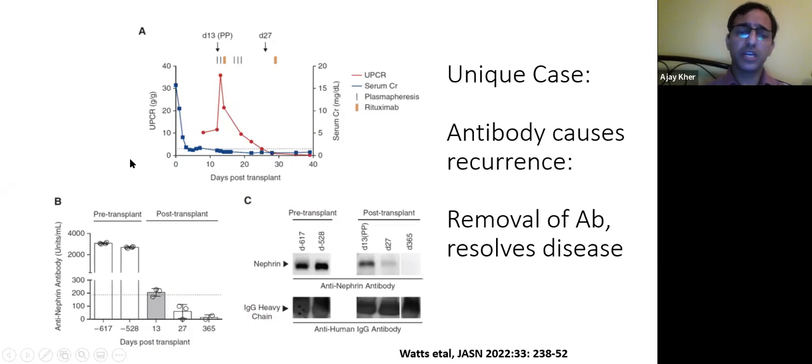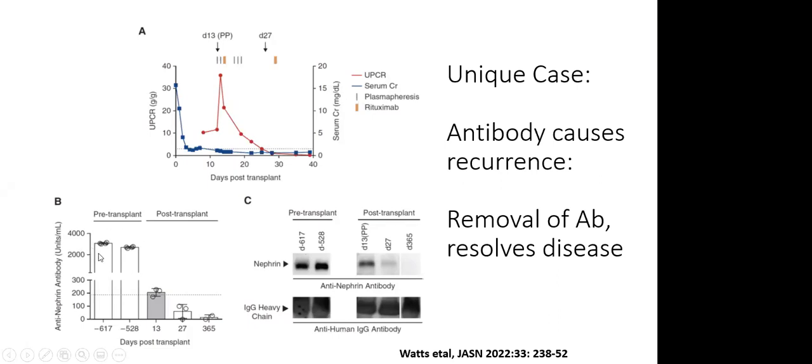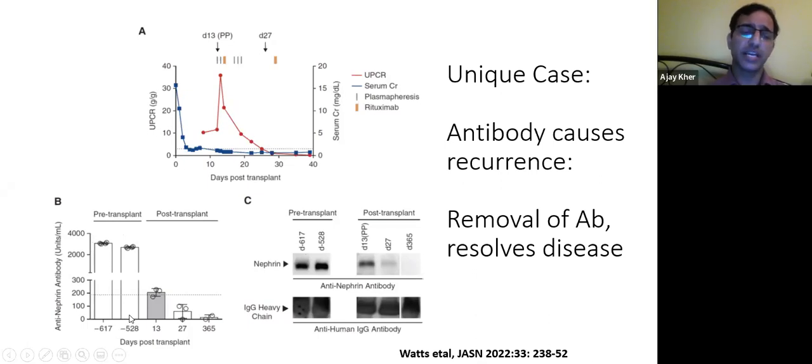So what they did is, for this patient, they did have multiple serum samples from many days before the transplant, so 617 and 528 days. And the anti-nephrin antibodies were present. They didn't have the serum at the time of the relapse, but they did have the effluent from the plasmapheresis.